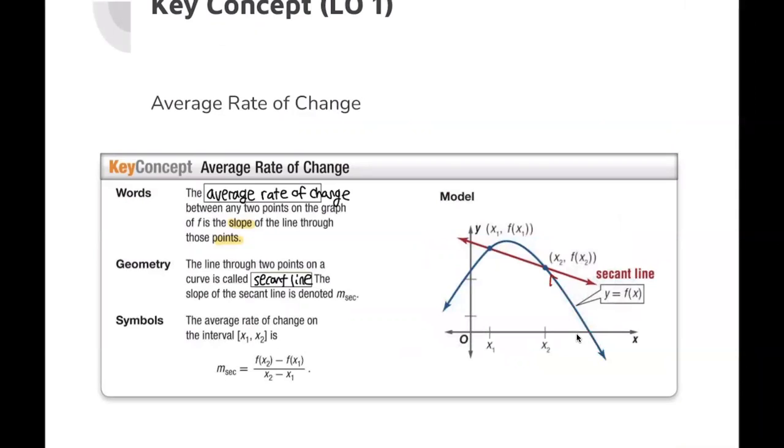So the variable for slope is m, right? When we are denoting the slope of a secant line, we're going to use m secant, or m sec. So basically, the average rate of change on the interval x1 to x2 can be denoted as m secant equals f of x2 minus f of x1 over x2 minus x1.